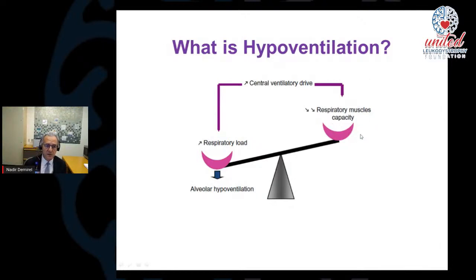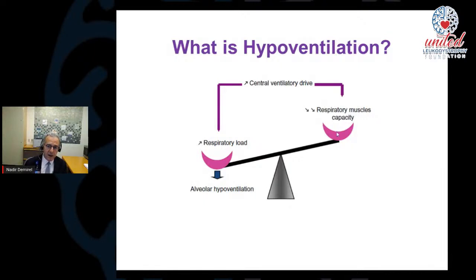As I mentioned in my earlier slide, the diaphragm is the major player there, but chest wall muscles are also important players. Everybody has a respiratory muscle capacity, right? You cannot run forever. If your respiratory muscle capacity is lower than it should be, this may be related to an underlying genetic disorder, or to an underlying muscle disorder.